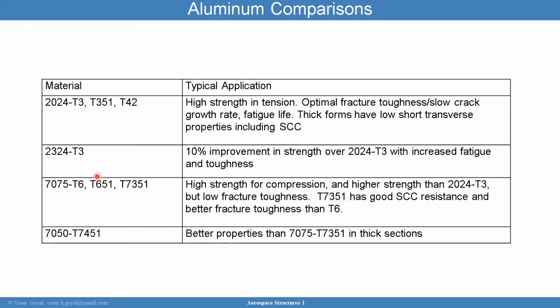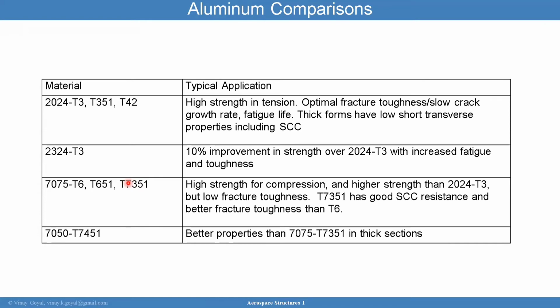You also have this 7000 series that I had discussed earlier, great for high strength compression, higher strength than 2024 T3. But the issue with this 7000 series is that it gives you low fracture toughness. This particular one gives you great SCC, stress corrosion cracking resistance, and better fracture toughness than T6.